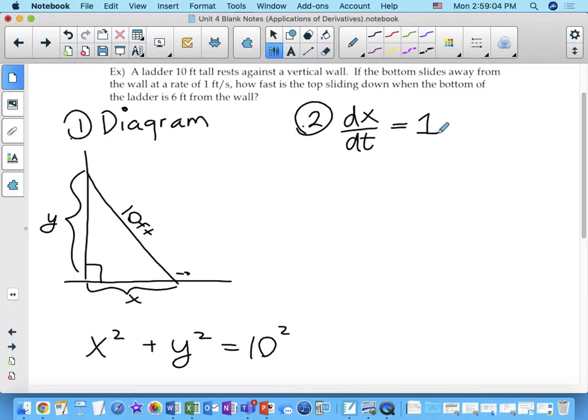If the bottom slides away at a rate of 1 foot per second, what we want to know is what is the change in the vertical when x is 6. That's what we want to know, essentially.